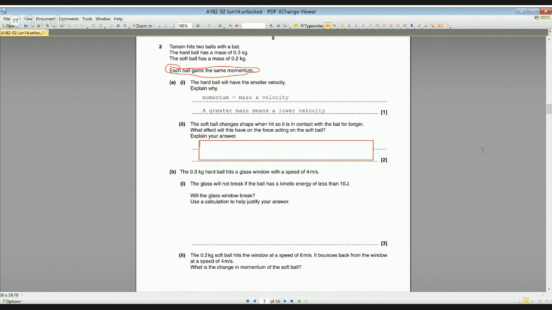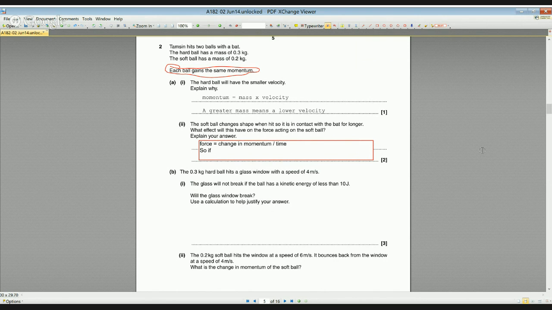So that equation can be rearranged to get force equals change in momentum divided by the time that force is acting for.